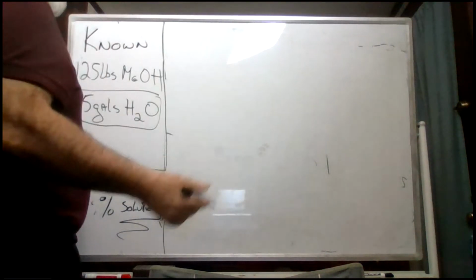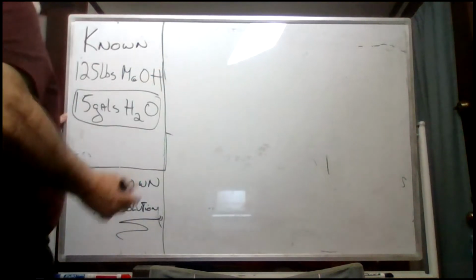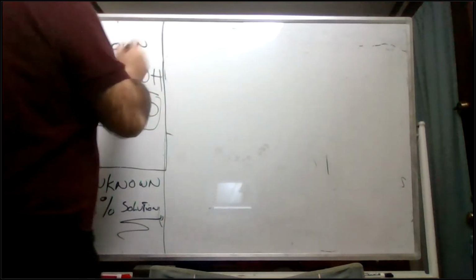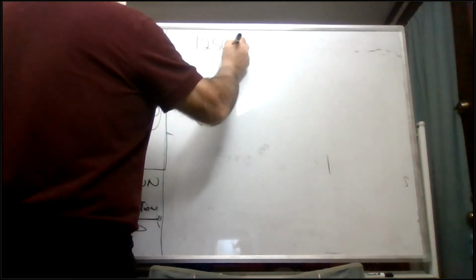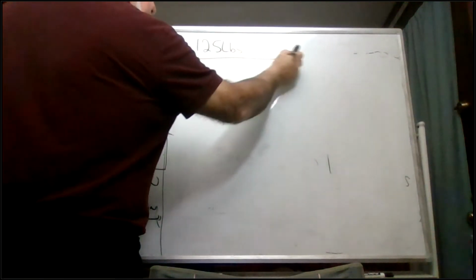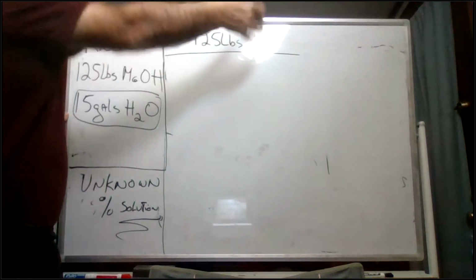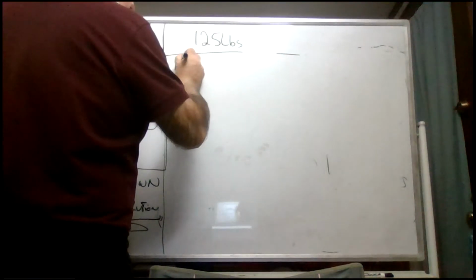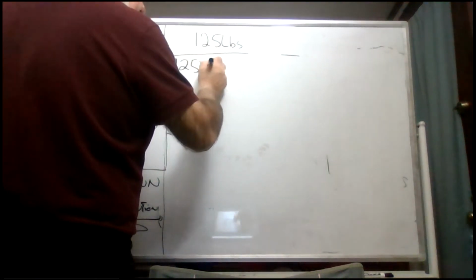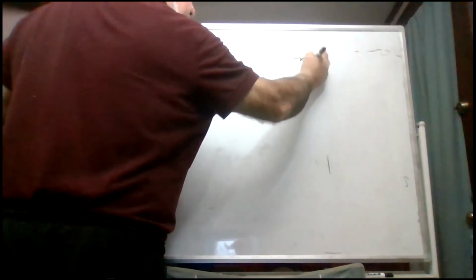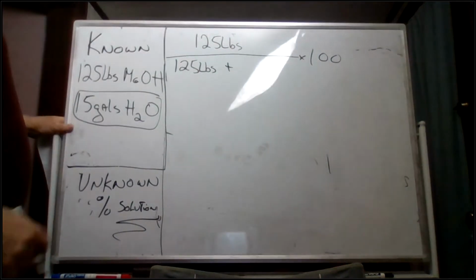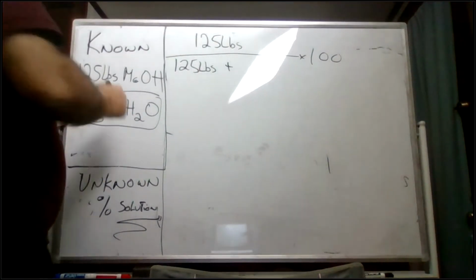And then you're going to multiply it by 100 to get that weight, but I'm going to show you. So we know the weight of the milk of magnesia is 125 pounds. So I'll skip the weight, and just fill in the numbers. Now this is 125 pounds also. You're going to add that to the weight of the water, which we haven't figured out yet, but we will. That's going to be the equation, the weight of the water.